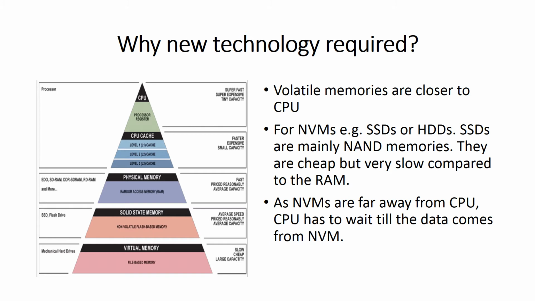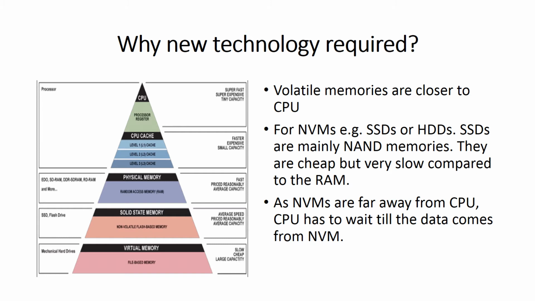So the NVMs are mainly SSDs or hard drives, and the volatile memories are very close to the CPU, but whenever there is a power interruption, they lose all the data, and hence the CPU needs something.